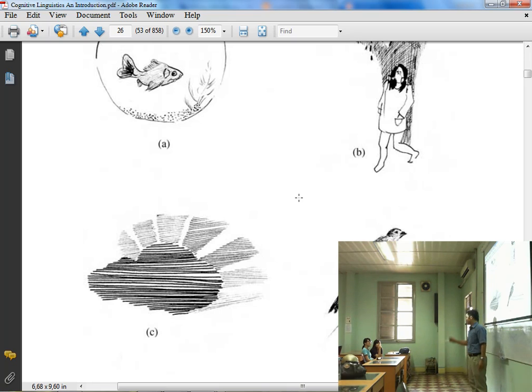Why? Because automatically you see this as the profile and this as the base. In this mental picture, this is so outstanding as the profile. And if I turn this into the profile, you do not accept it. Okay? But you are right. In some contexts, this can be the profile and this is the base.